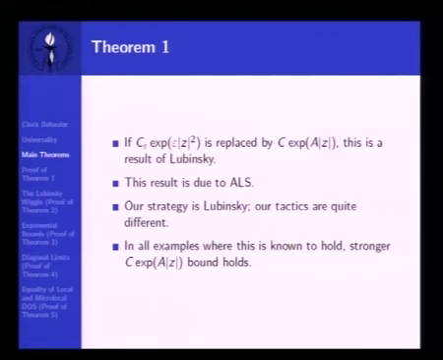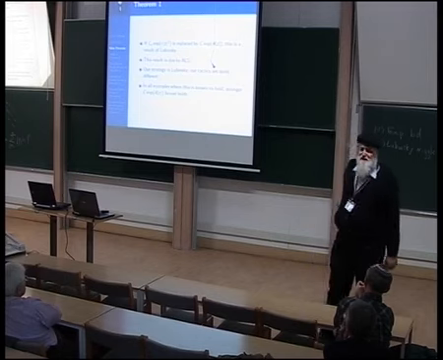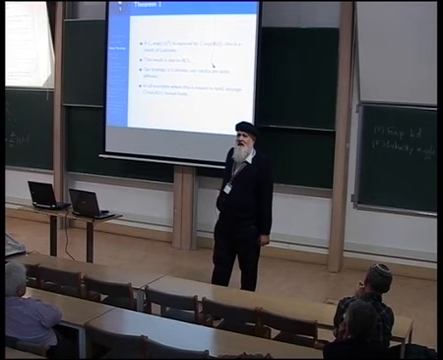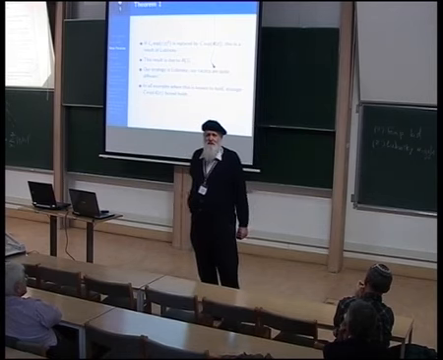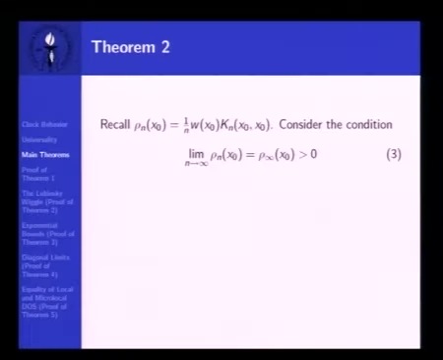But we were certainly motivated by him. And while it's nice we could get the result requiring only the quadratic estimate, in all examples where one can verify this, you actually have an exponential bound, so Lubinsky's stronger hypothesis actually holds. That's because there'll be a theorem later that explains why Lubinsky's hypothesis holds. Okay, so that's theorem 1.